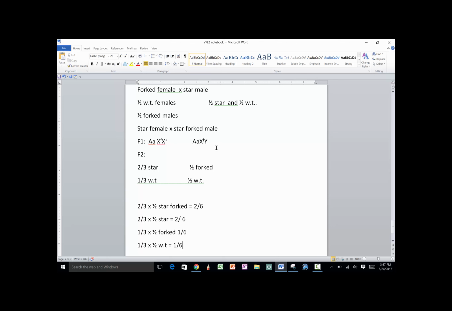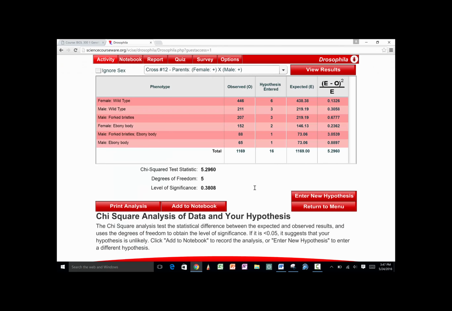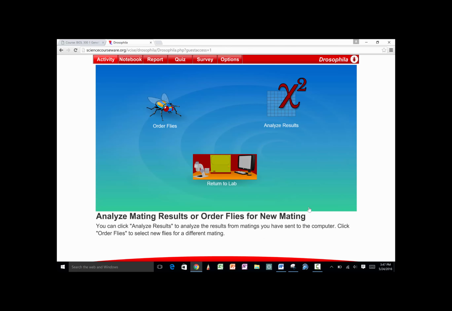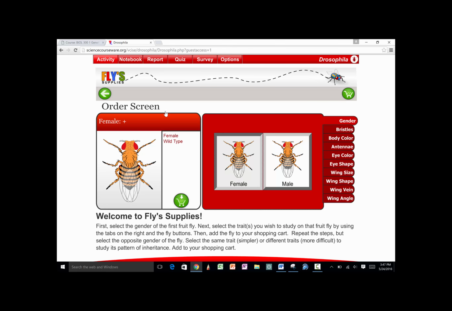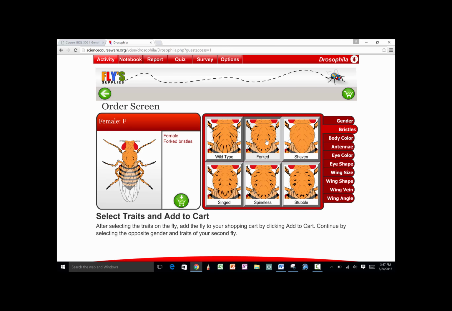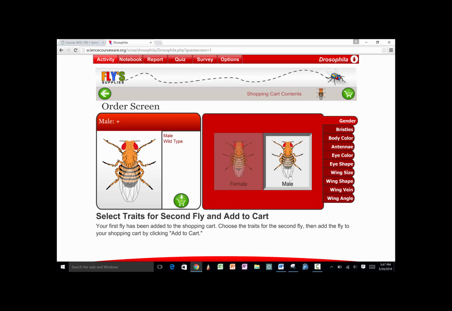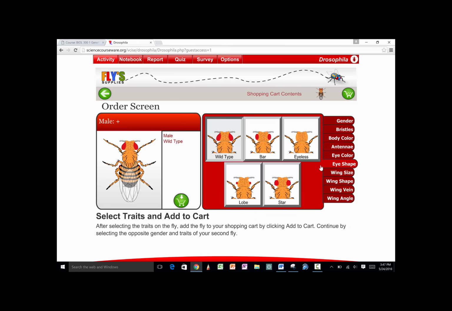All right, you'll have to make sure you have all this sorted out, but let's test it out. What are we doing? Real quick now, we're going to cross a forked female to a star male.